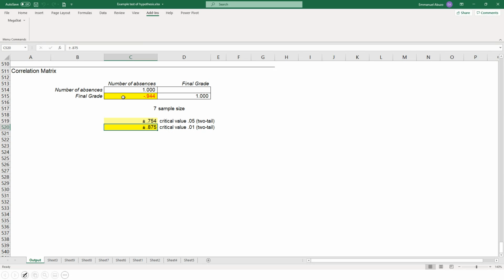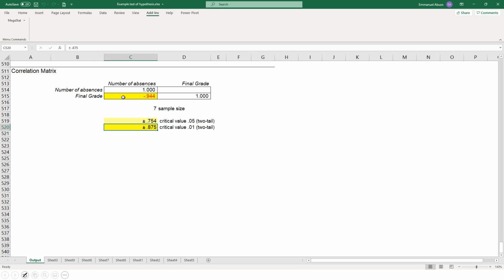So since the cell for the correlation matrix between the final grade and the number of absences has the highlight of yellow, we are going to reject the null hypothesis. This means that there is a significant relationship between the final grade and the number of absences of the 7 students in the statistics class.